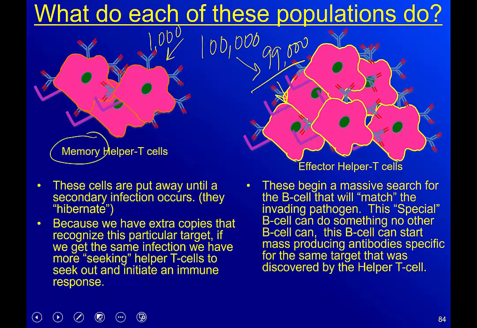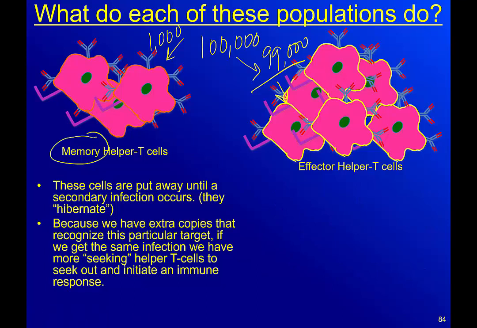So the memory helper T cells are the ones that get put away until a secondary infection. Now remember something, when I started, I had one of these cells that recognized the red leg of this virus. One. And I've made 100,000, 99,000 are going to go and fight for me, and I have 1,000 that are just going to go into hibernation.